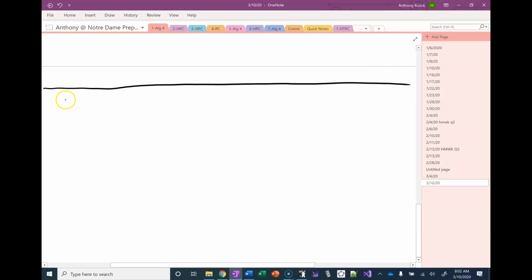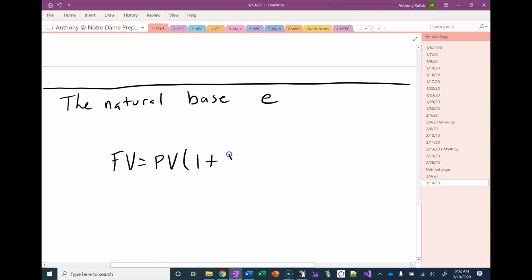The next topic we're going to talk about is this special number that we're going to give the name E. So we're going to refer to this special number as E. So let's think back to our compound interest formula here.